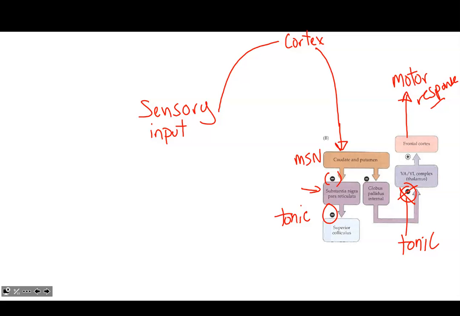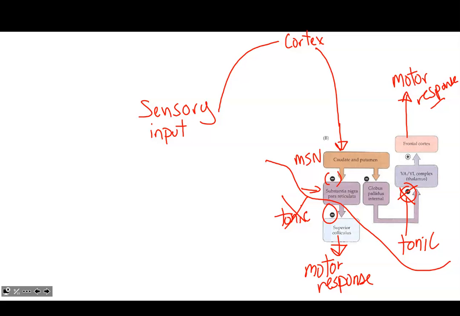That'll disinhibit the superior colliculus, and you'll have a motor response that allows your eyes to shift or your neck to move. Okay, but again, what we're going to focus on with respect to Parkinson's is this pathway here, this segment of it. We won't worry about the superior colliculus as much.